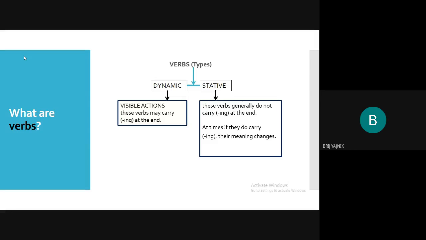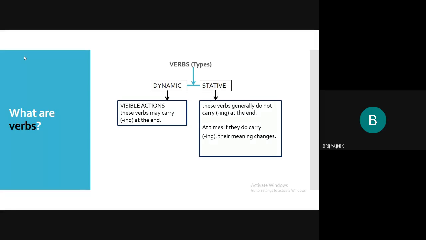So we must understand that there are specific state verbs which will never carry ing. Verbs like understand, verbs like believe, verbs like realize, right? Verbs like know, verbs like love, hate. These are the verbs. They will never carry ing. There are many other verbs like the same, like suggest is also one of them. You cannot carry ing. Consider is also one of them. You cannot carry ing, right?